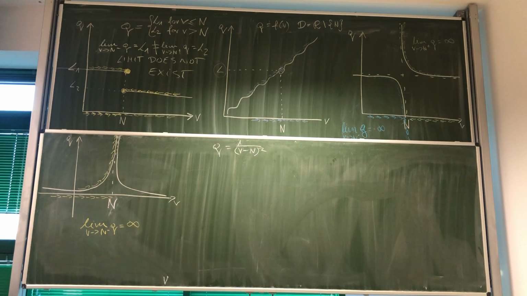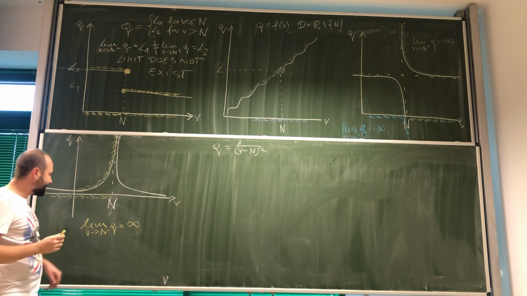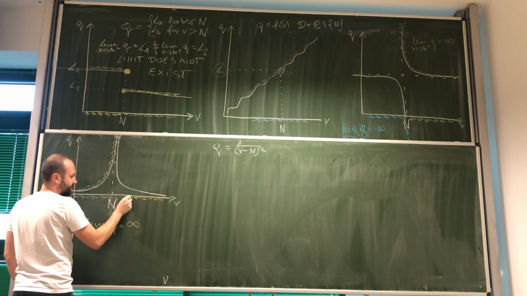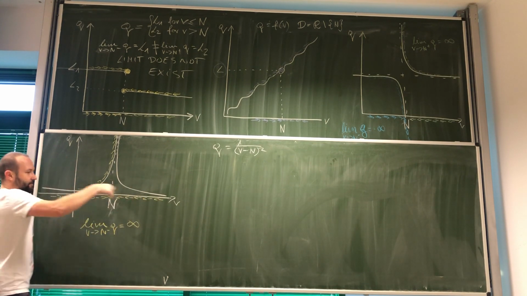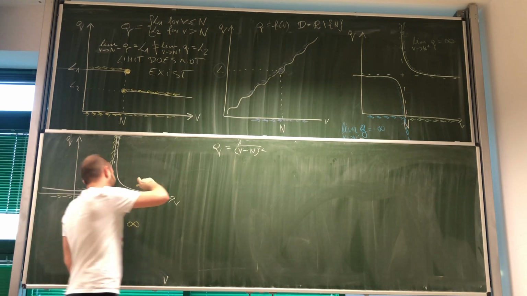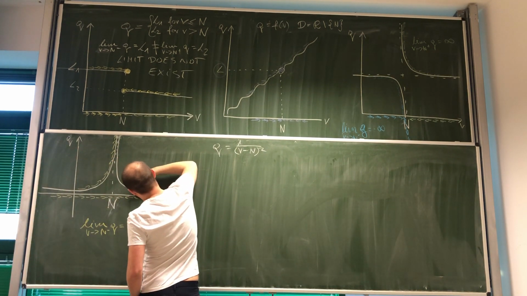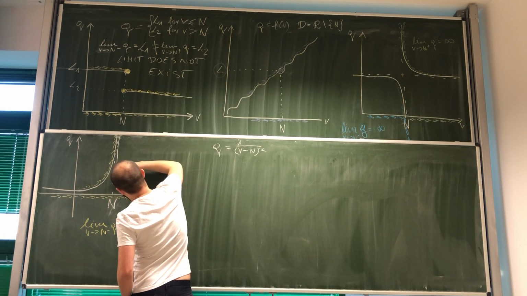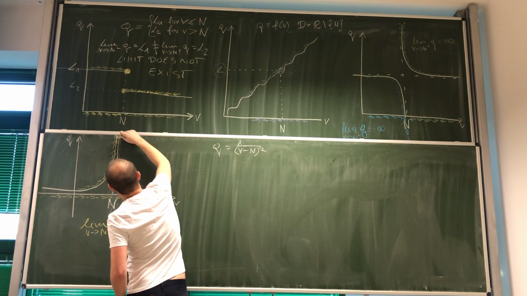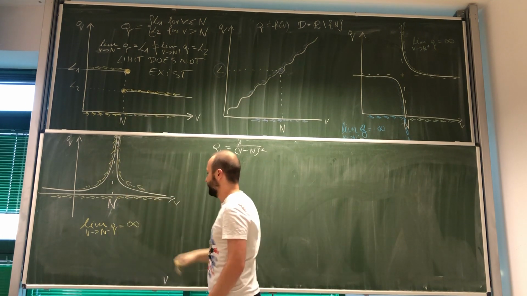Now, if I'm going to evaluate the right side limit, so v is getting closer and closer to n from above, we see that the values, so q, are getting higher and higher and higher.